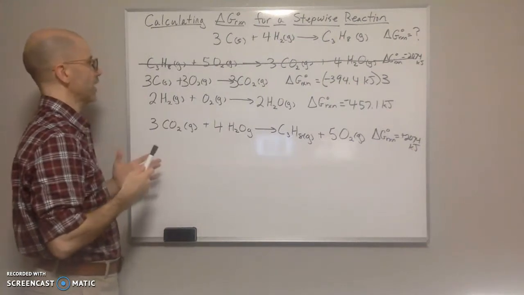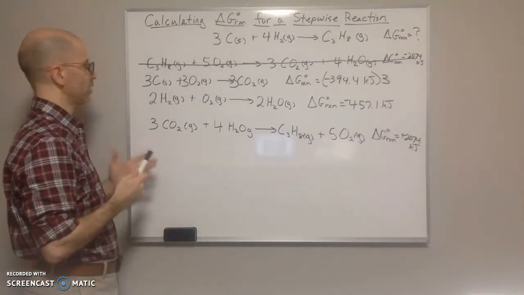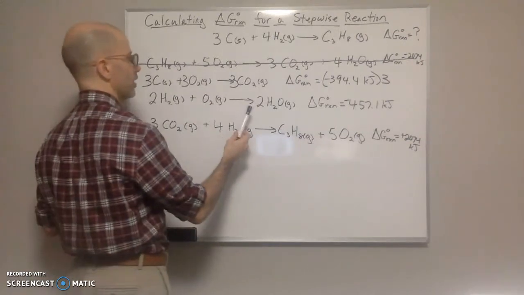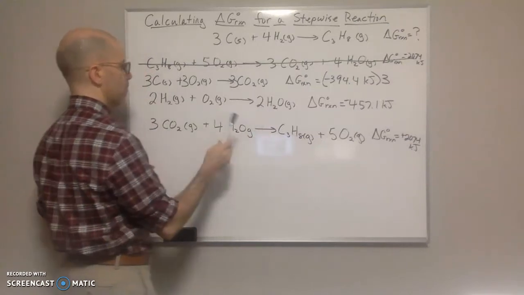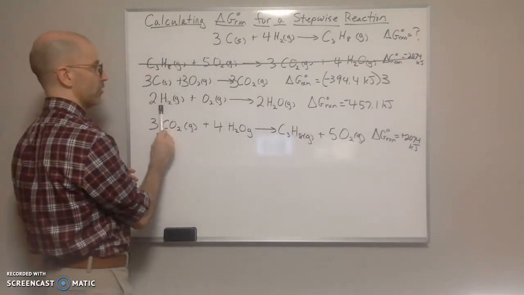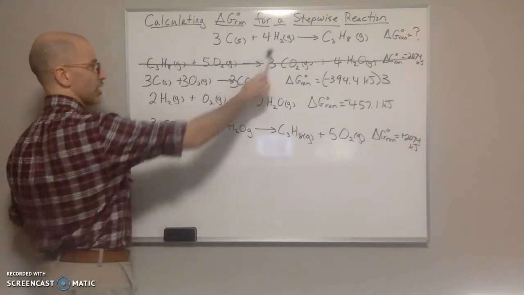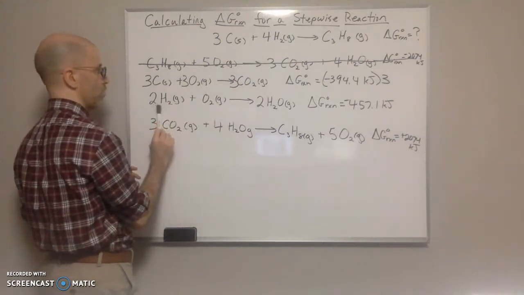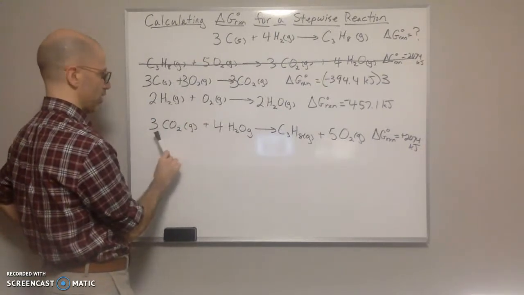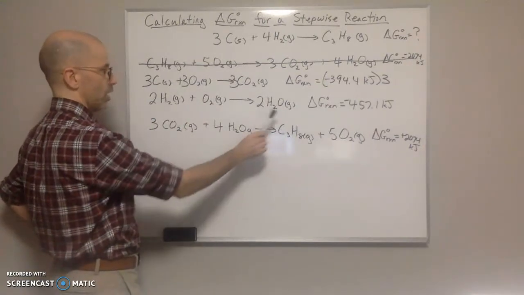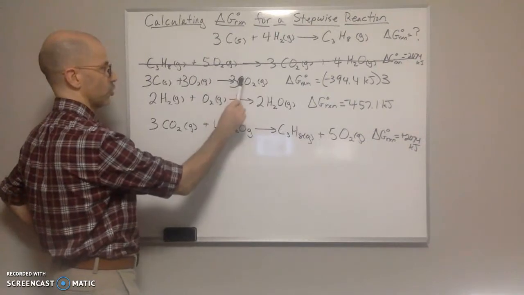Okay, so the next thing we want is hydrogen. So we want water on this side, and we want hydrogen on this side. And notice that we have hydrogen on this, but we only have 2 hydrogen. We want to double check to make sure we don't have hydrogen anywhere else that we might add up, and it doesn't look like it.